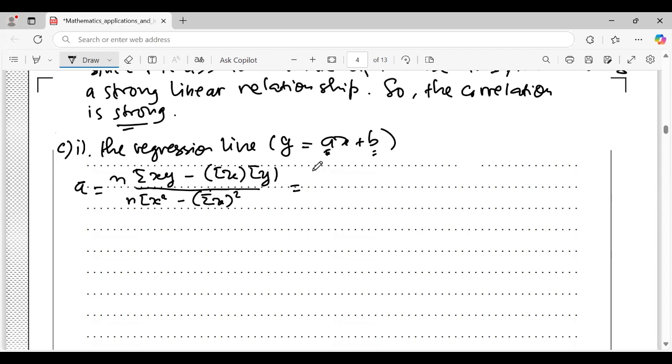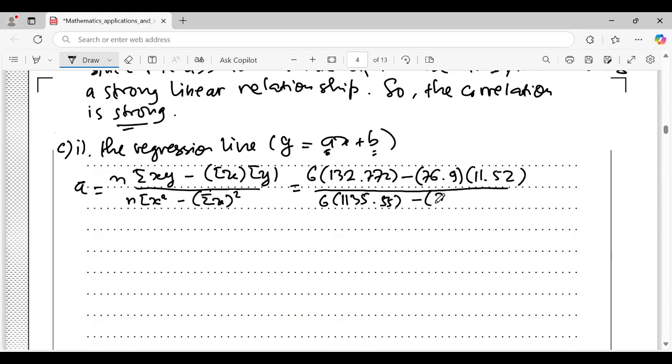And this is 6 times, according to our previous calculation, 132.772 minus 76.9 times 11.52, over 6 times 1,135.55 minus 76.9 squared.